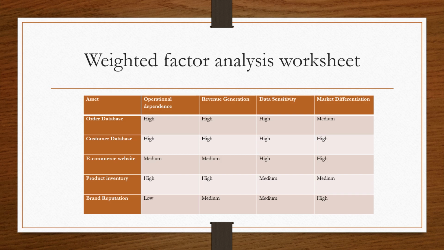To evaluate the importance of each asset to SportX, the criteria are rated on a scale from low to high, and each asset is assigned a rating based on these criteria. The weights assigned to each criterion may vary depending on the specific priority and context of SportX.